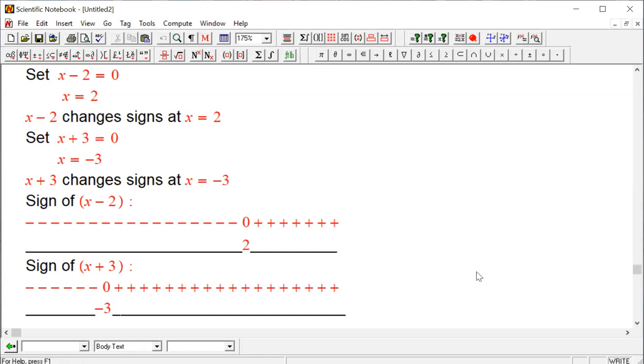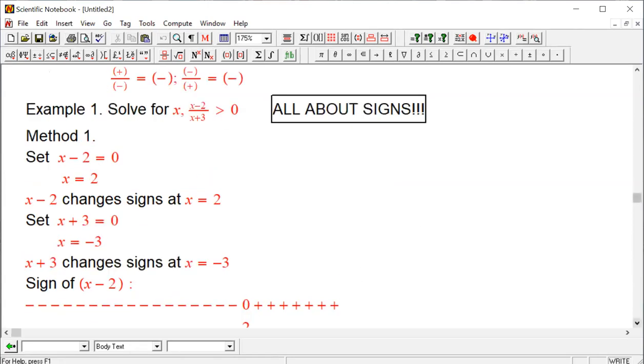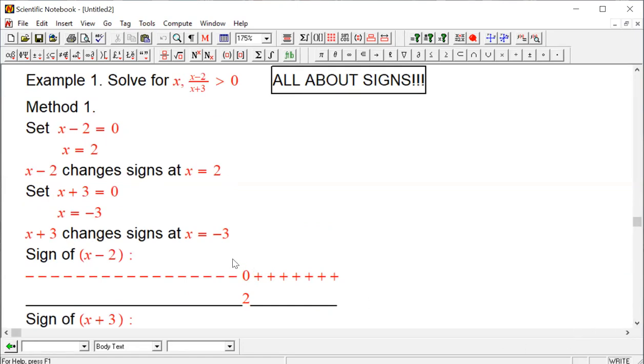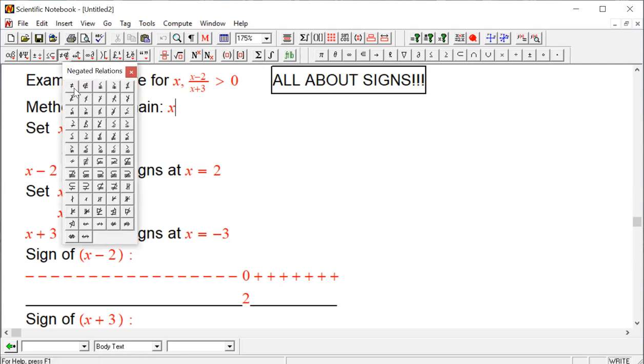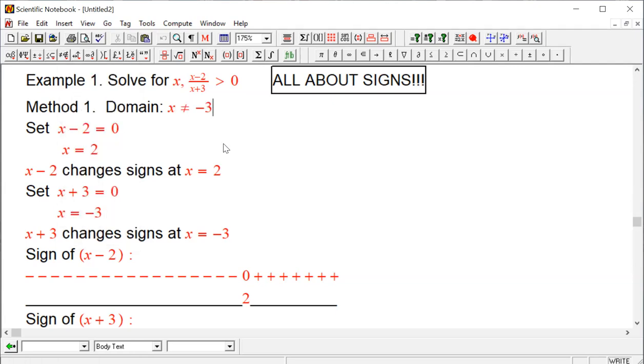But what is different about this method from what we did before? We need extra care with the denominator, because x plus 3 is in the denominator. Therefore, the domain for this entire expression, we have to note, is that x cannot equal negative 3.